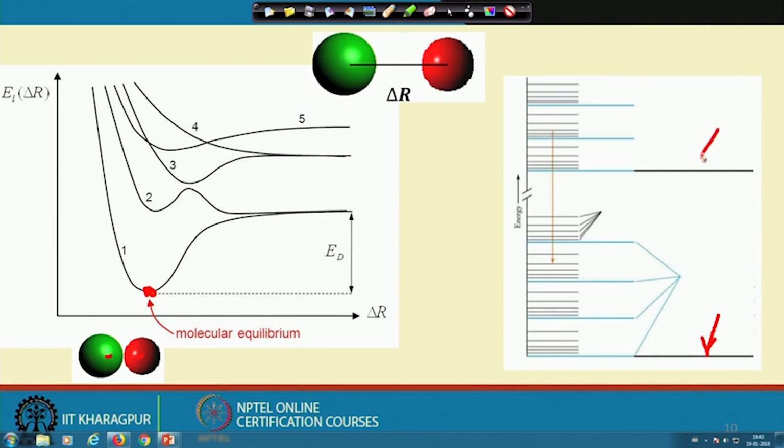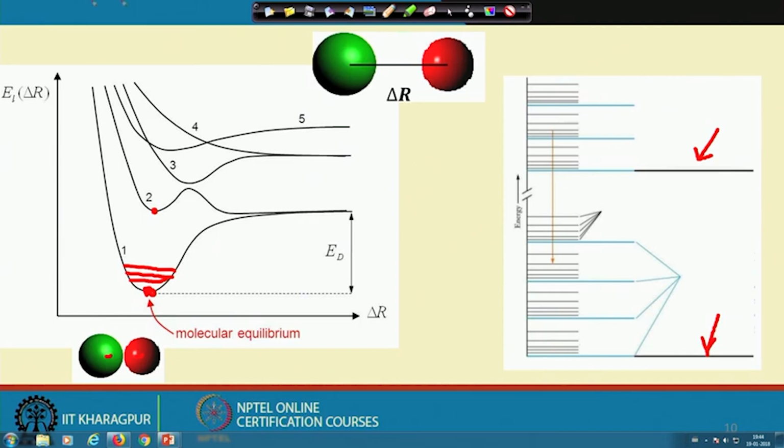Now, what does this energy level correspond to? That must be the point here, the first excited electronic state. And now, where will these fine structures come into the picture? If I draw corresponding to the ground electronic state, it has these vibrational structures, and corresponding to each of these vibrational levels, you will have the rotational fine structures.